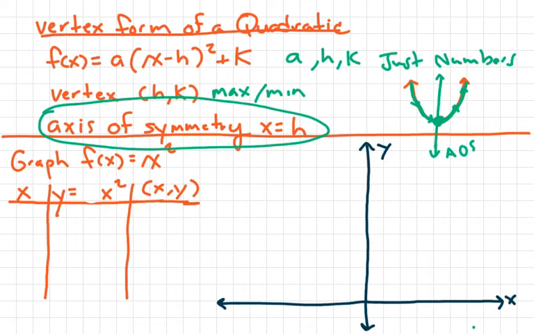That's called the axis of symmetry, that line where you can fold over the parabola. And that's just at this point h. h is some number, and that's the number where you're going to draw your vertical line. Let's do a quick example.